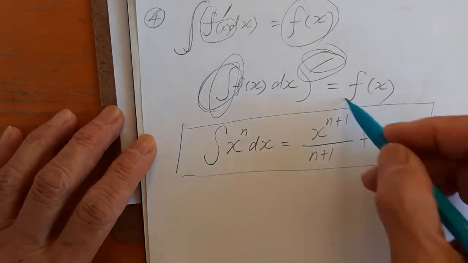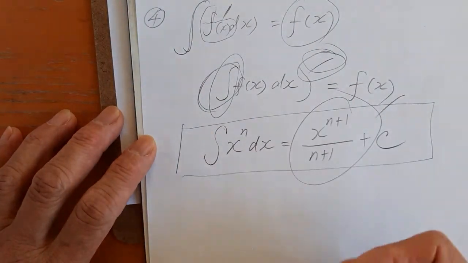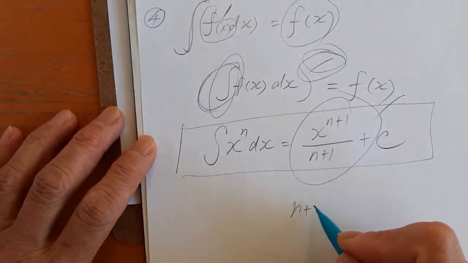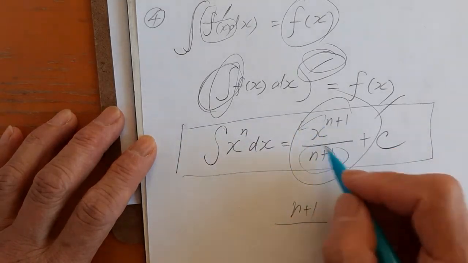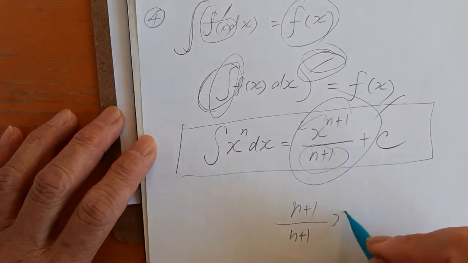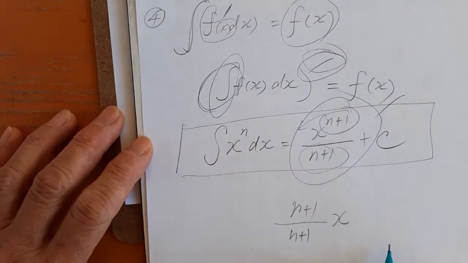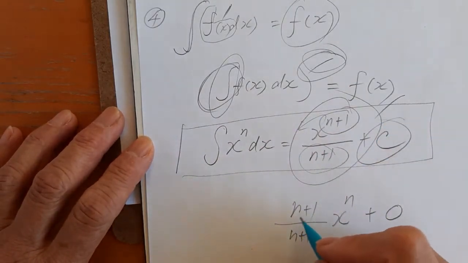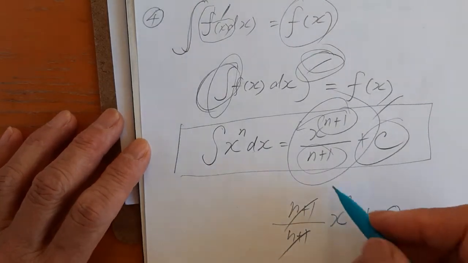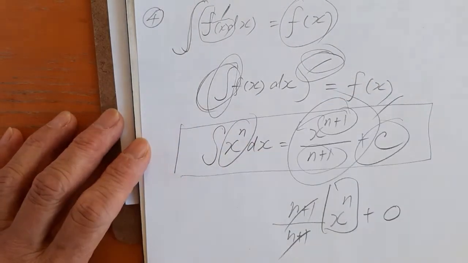Because when this takes derivative, the n plus 1 comes down and cancels the n plus 1 in the denominator, x to the power n plus 1 minus 1 is n, and c's derivative is 0, so it goes back to x to the power n.